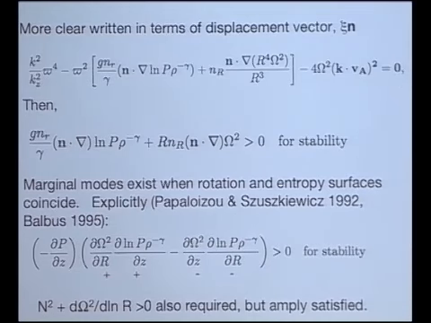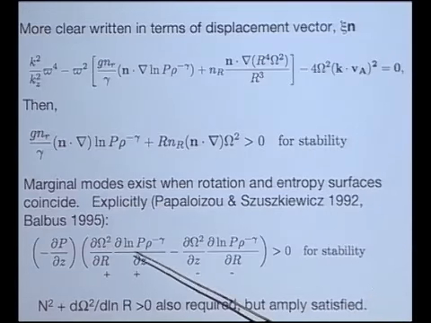One can do a rigorous analysis, and actually priority for this belongs to Professor Papaloizou, who first showed in 1992, not using this kind of a technique, but by using a powerful variational technique, that the basic criterion for stability for a rotating, magnetized, stratified gas under very general circumstances, where the only symmetry you're assuming is axisymmetry, is this criterion here, which is essentially the cross product of omega and the entropy has to have a certain sign.